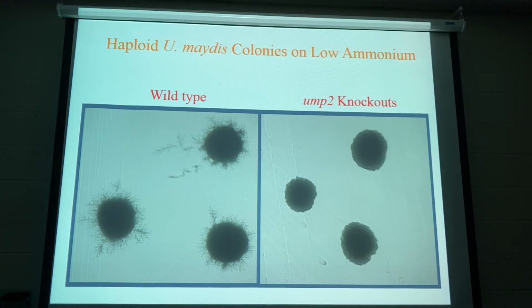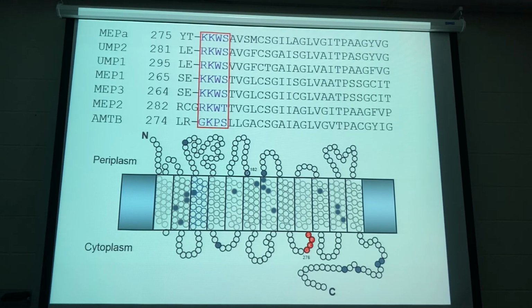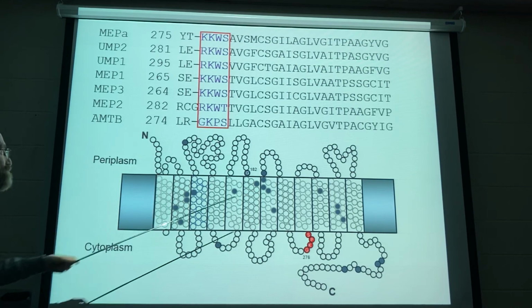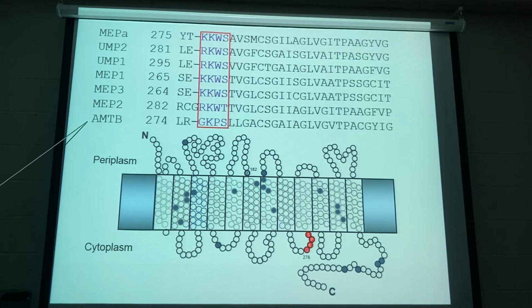Okay, so now the question is, what is it that makes some ammonium transporters able to be involved in this sensing process and others not? This particular example is what's known about the structure of the ammonium transporter from E. coli.